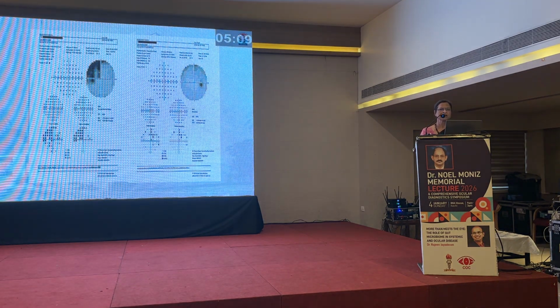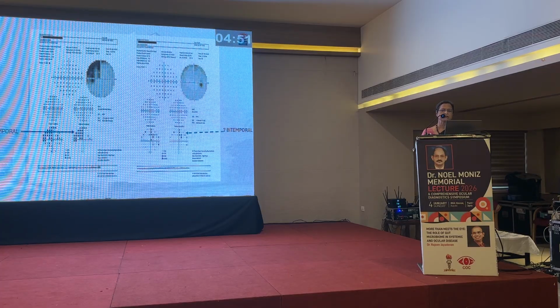For example, this was a lady who came to us with a 2-day history of a field defect in her left eye. And so when we did the field examination, we found a superior temporal field defect in her left eye, and a possible evolving defect in the right eye too.